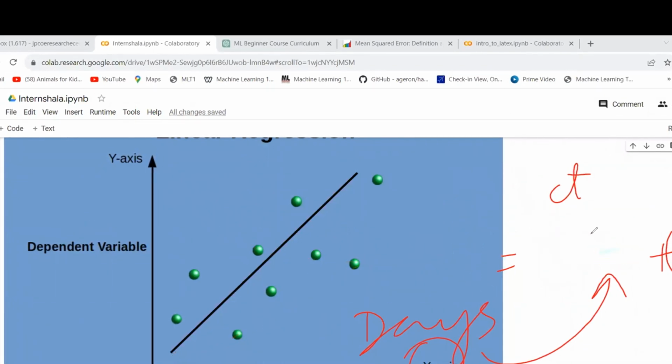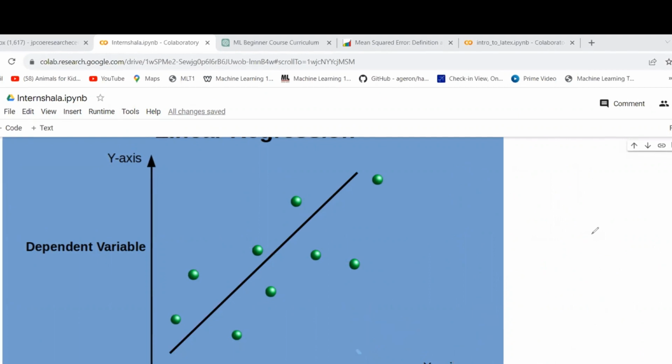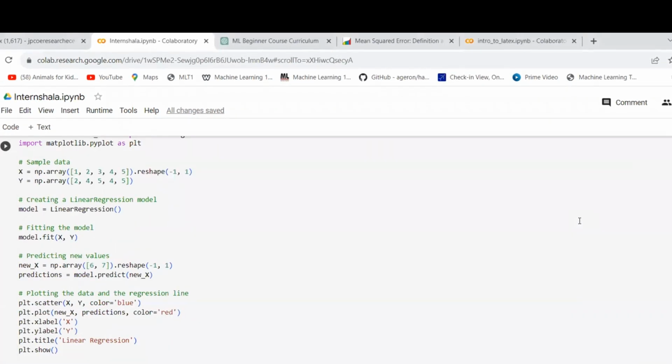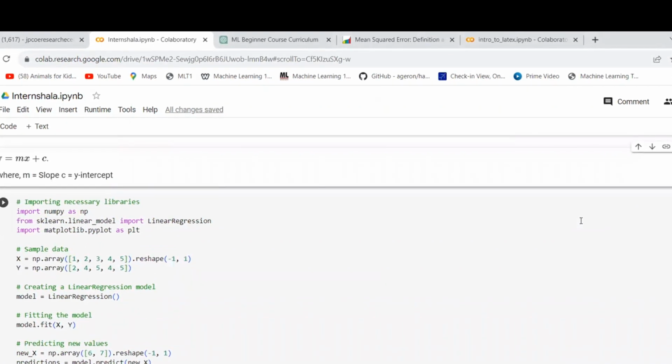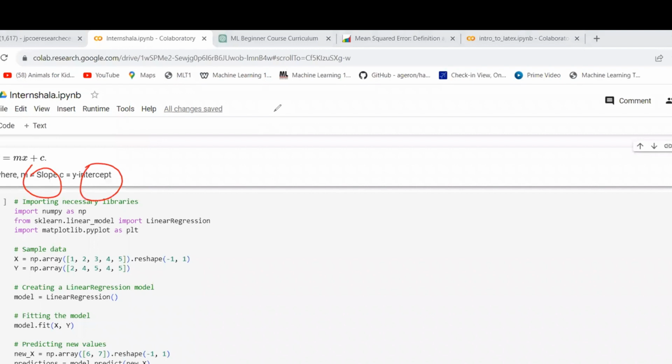So to analyze this particular topic, we will try to implement a small code. So as I already mentioned, y is equal to mx plus c, and m is the slope and c is the y-intercept.